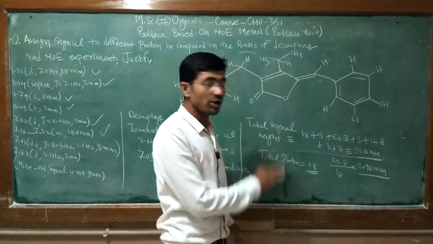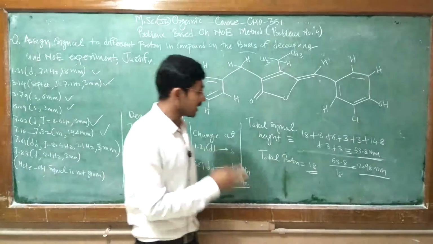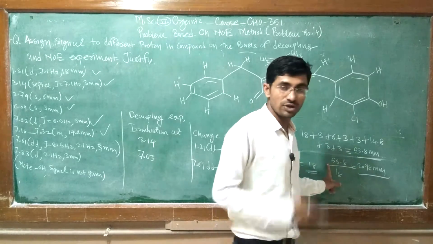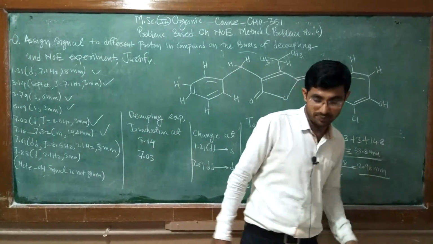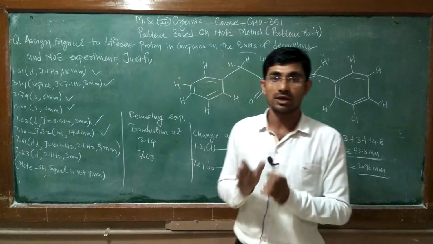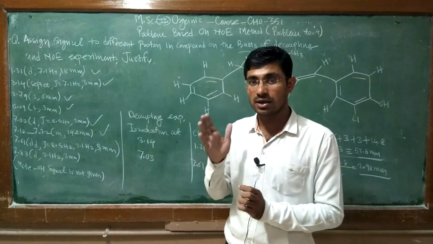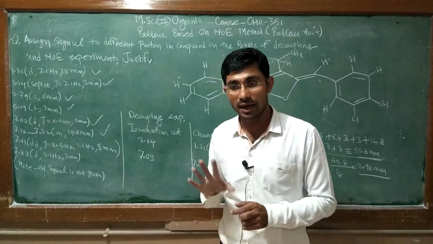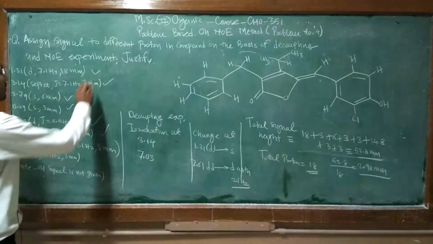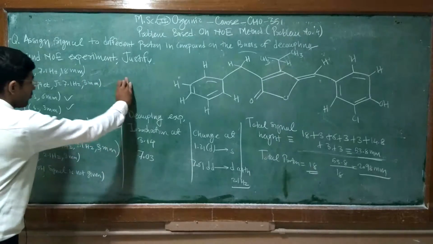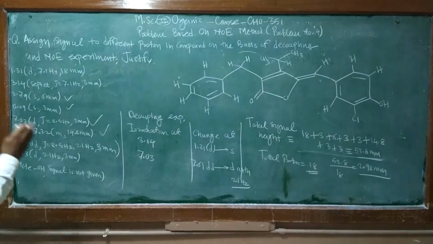So the total number of protons is 18. If you divide 53.8 by 18 protons, you get 2.98 mm. That means for one proton the approximate signal height is 2.98 mm, so nearly 3 mm for each proton, and 18 mm is because of 6 protons.